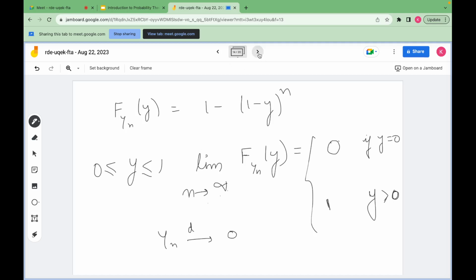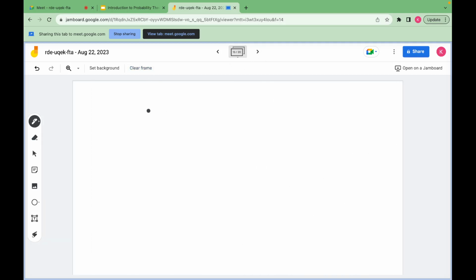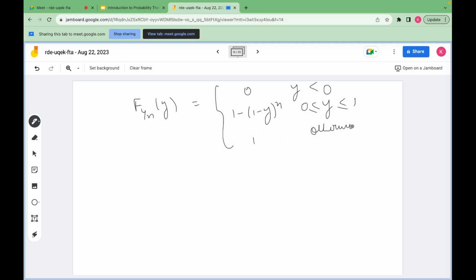Now, we found that the cumulative distribution function for y is 0 for y less than 0. It is 1 minus (1 minus y) to the power n when y is from 0 to 1. It is 1 otherwise. Okay.